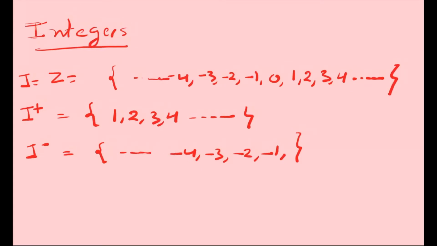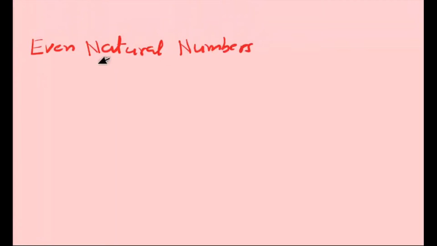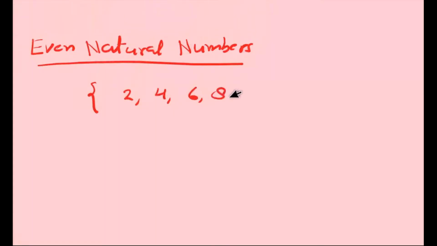So now if we're talking about the integers, now even natural numbers. Which are even natural numbers, you know? Yes, even natural numbers are divisible by 2, 2 4 6 8 10.